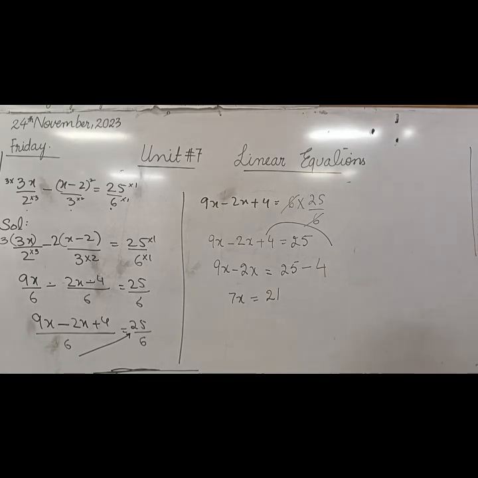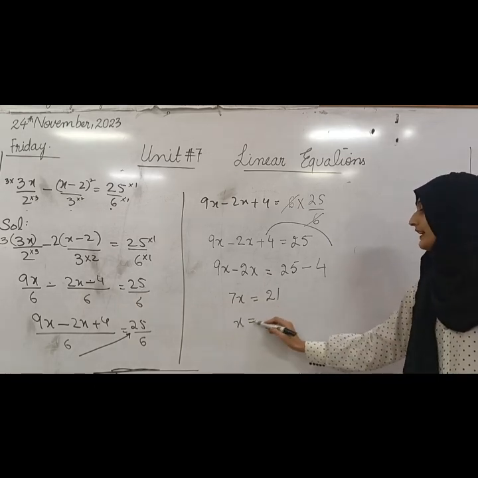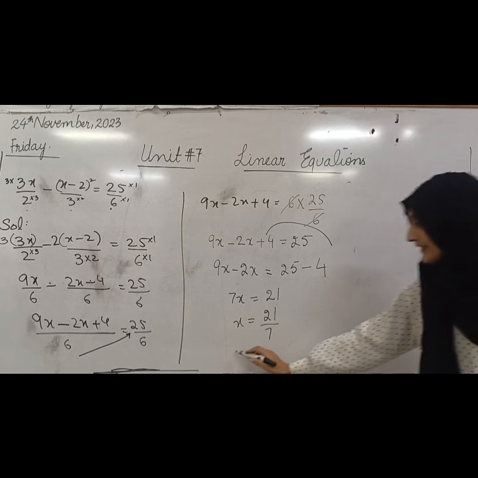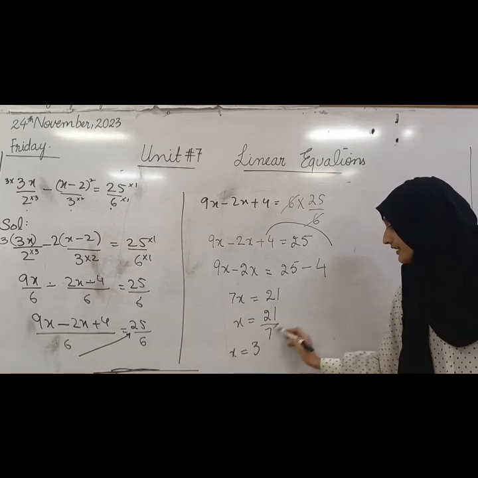Now again, we want the variable x, but here we have 7x. So we'll shift this 7 to the right side and it will divide 21. The value of x is 3.